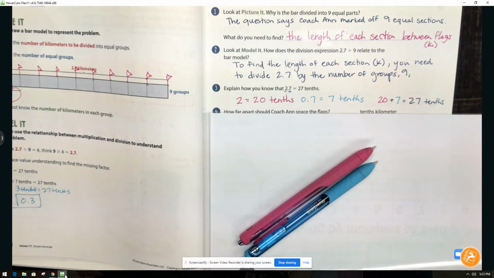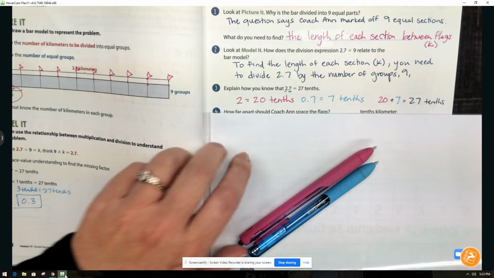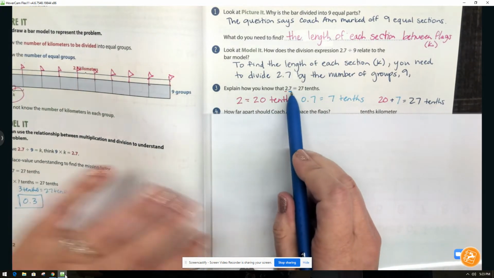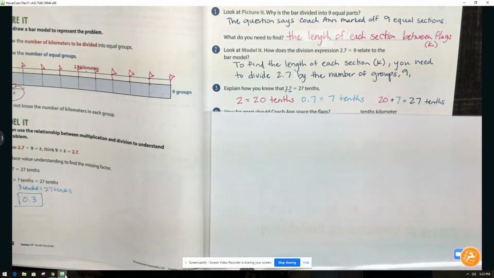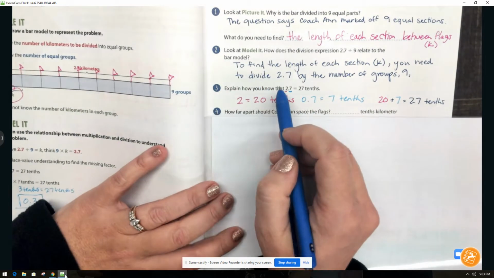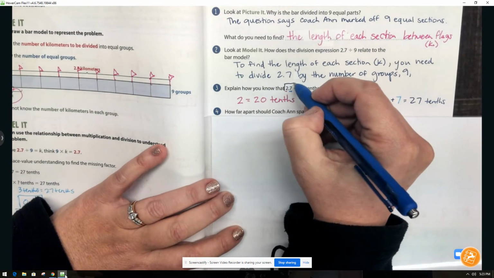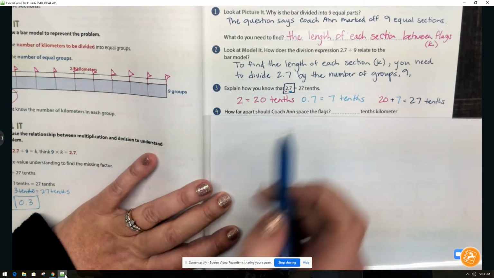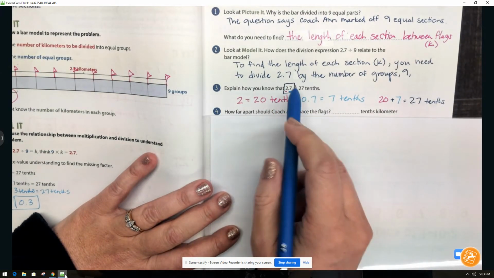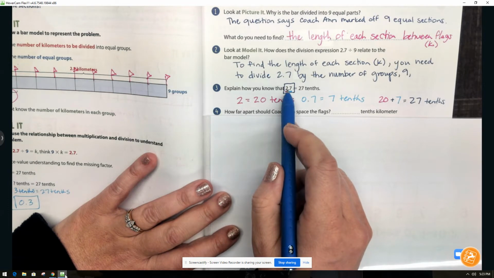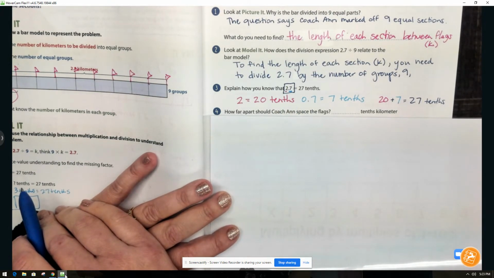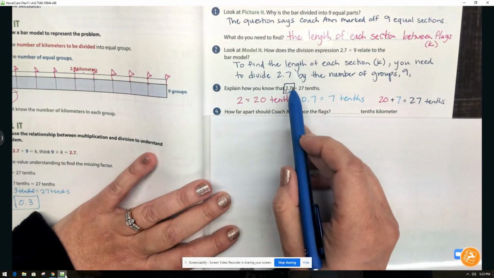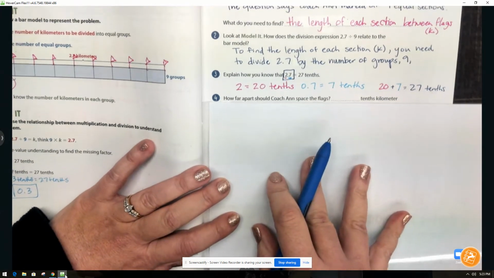Now, some of you may not need to look at it that way. Some of you may say, well, I recognize that this 7 is in the tenths place, so I'm going to turn this into tenths. And I know that if I think about this number as a whole, 27/10, you're saying the number that you see minus the decimal, and then the place value tells you the word that you use at the end, the smallest place value.